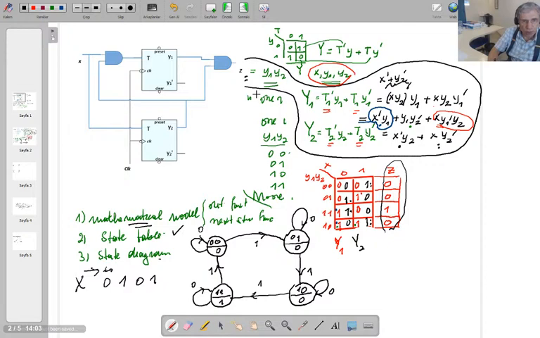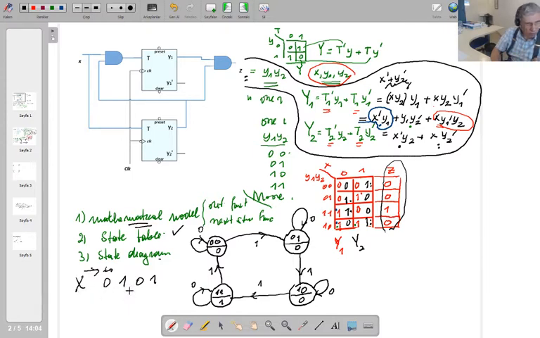In order to find the output for a given input, I must give the initial state as well, because you are going to apply this input sequence, yes, but what is my present state? Am I going to apply it for this present state, or this, or this, or this? So if no initial state is given, that means there are 4 corresponding output sequences for the same input sequence.